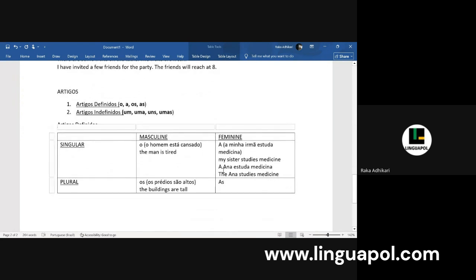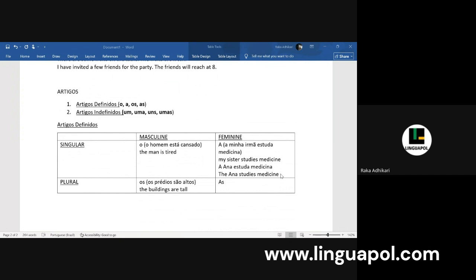Whenever we take someone's name, if I say, a Rashmi é a estudante de português, Rashmi as a person is only a single person in the whole universe. So we don't use articles in English with names, but in Portuguese we do. It is very common to use articles with names.